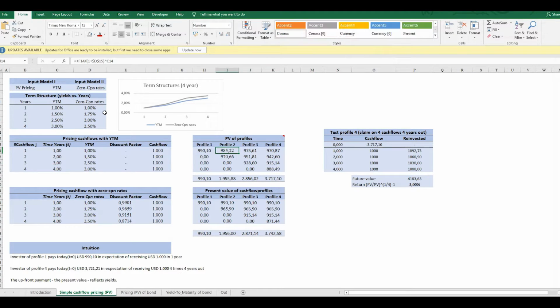So now what's the price, what's the PV of profile 1's claim on 1,000 1 year ahead? How much is he willing to pay for an expected cash flow of $1,000 1 year ahead? He is ready to pay that price that implicitly gives him the interest rate that he is interested in, that is the return that he is looking for.